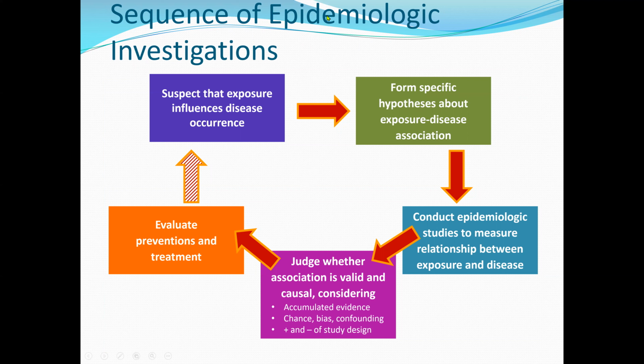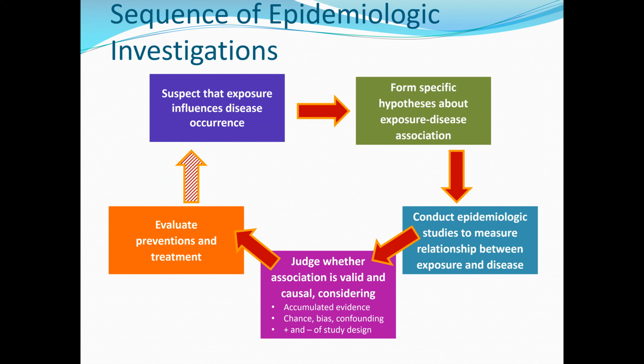So, the sequence of epidemiologic investigation. First, we suspect that an exposure influenced disease occurrence. So we have a suspicion that there is a relationship between some exposures or risk factors and a specific disease. Based on the number of people who have the problem, maybe it passes the threshold, the default value, which we consider as normal.